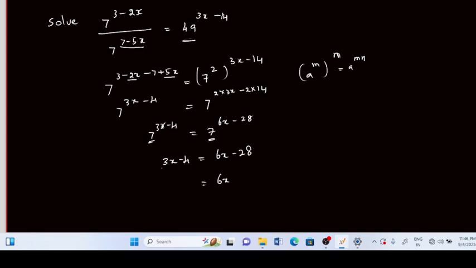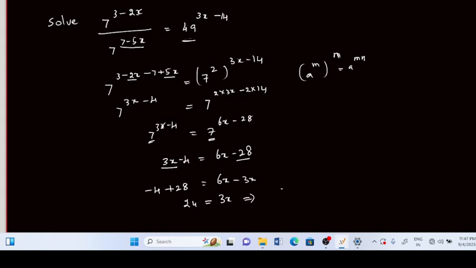Plus 3x, bring it to the right hand side, it becomes minus 3x. At the same time minus 4, this minus 28, bring it to the left hand side, we write it as plus 28. So 28 minus 4 is 24 equal to 6x minus 3x is 3x.